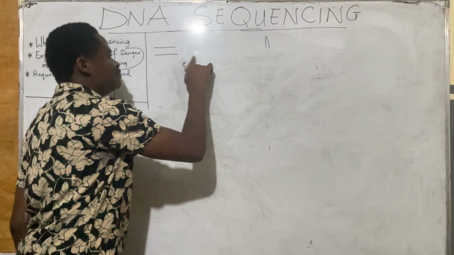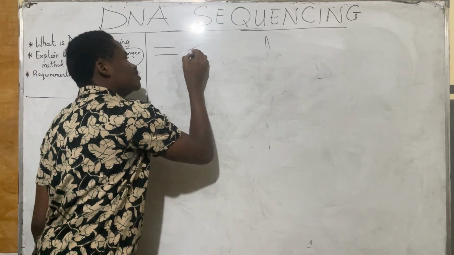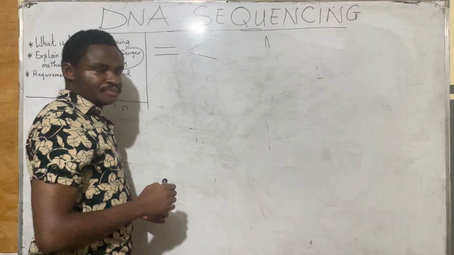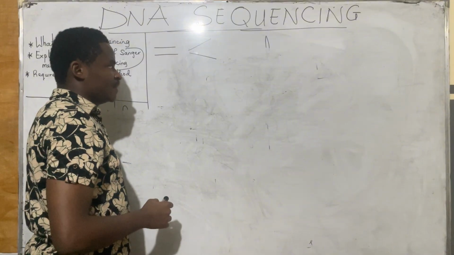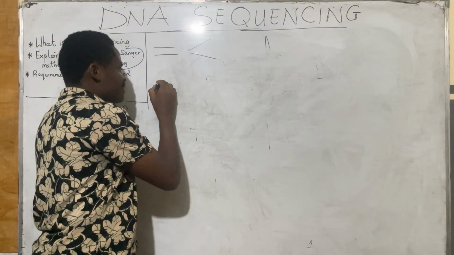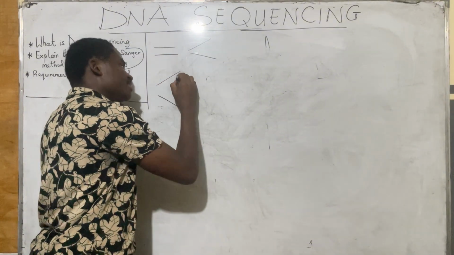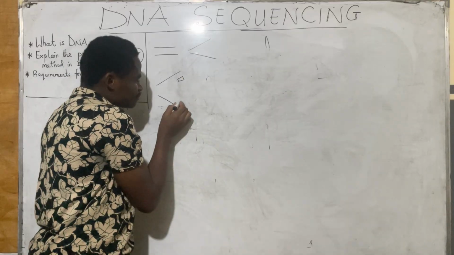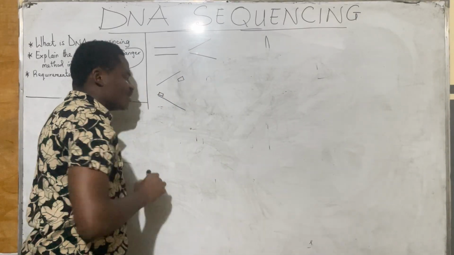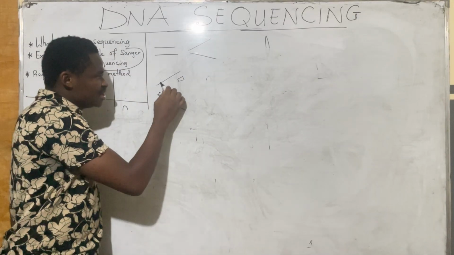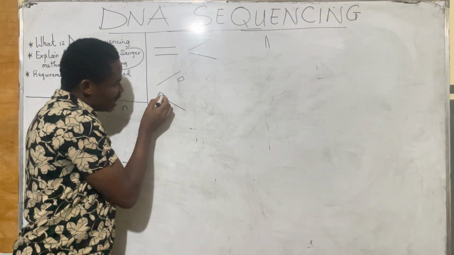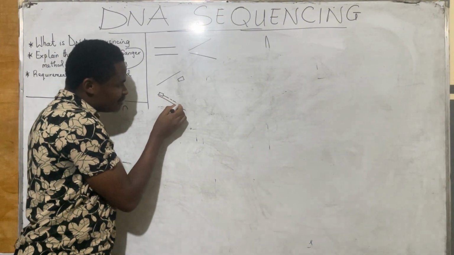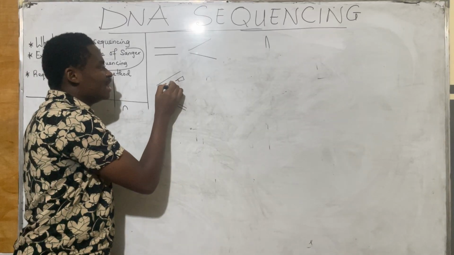The first thing we do is that we are going to denature. Once we denature, we are going to have something that looks like this. Now, once denatured, we bring in a primer on one end, and we bring in a primer on another end. So using the denatured DNAs as template, we are going to now start building, elongating a new one.